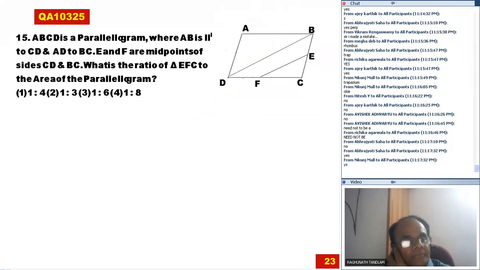What is the area of triangle EFC? Take note. What's the ratio of triangle EFC to parallelogram ABCD? Do this question.